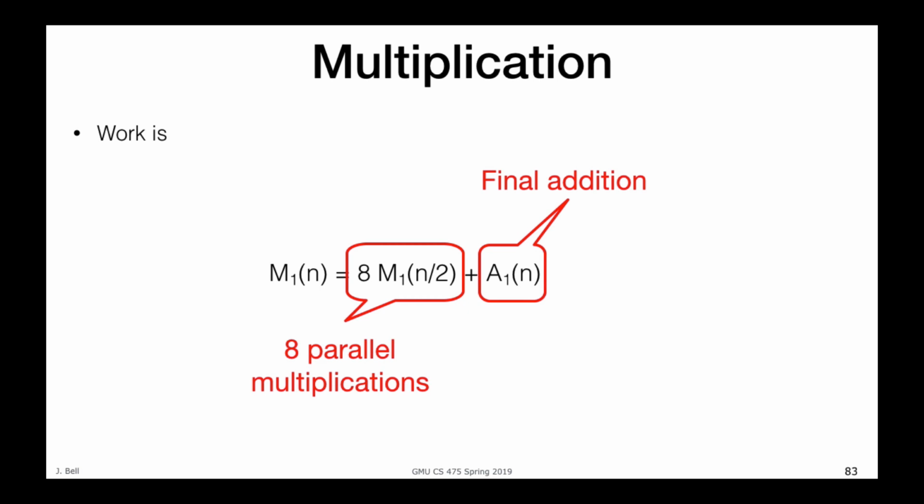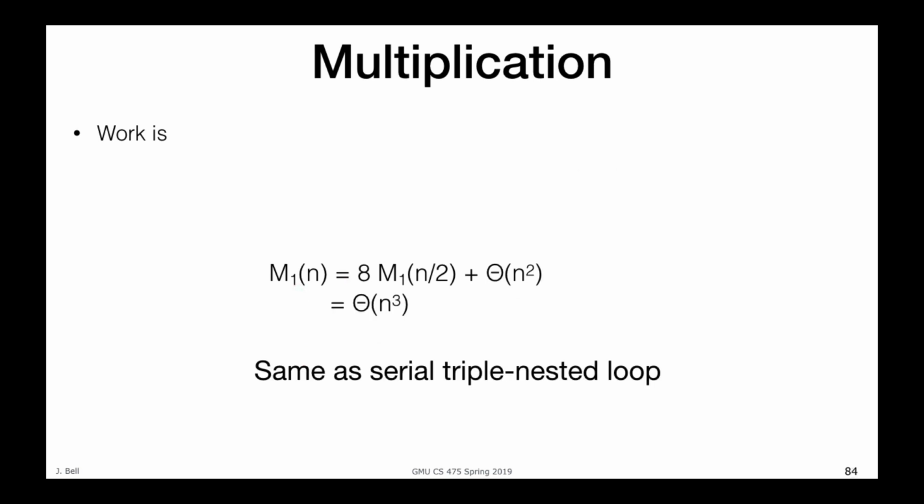Because we're just measuring work here in this one processor scenario, we don't care about the parallelism. So if we solve this recurrence, we'll find that this turns out to be n cubed. Again, this is the same time bound that we get for just doing this sequentially in a triply nested loop.